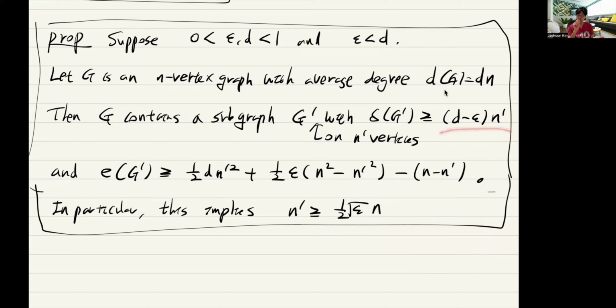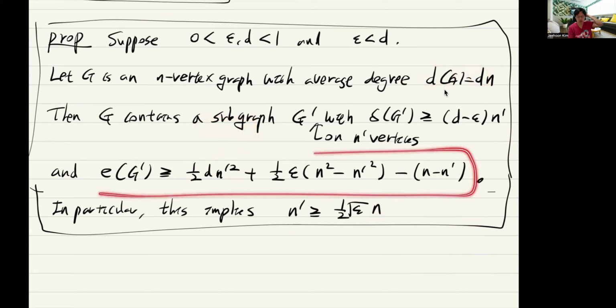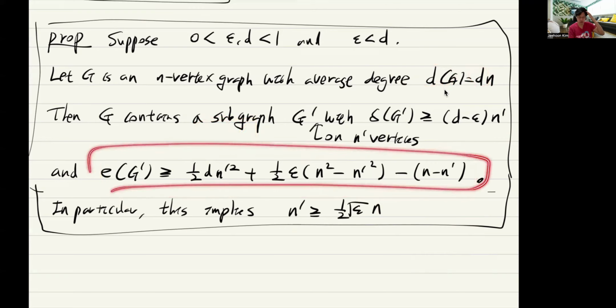Because your deleted vertex has slightly smaller degree than average degree, you can show that the number of edges in the remaining graph kind of increases, in the sense that its average degree is d prime n prime, but this d prime is bigger than d, and gets bigger every time, so you can keep track of it and check this condition.